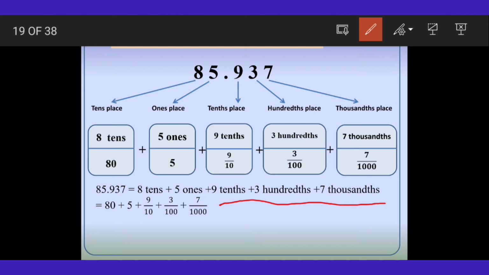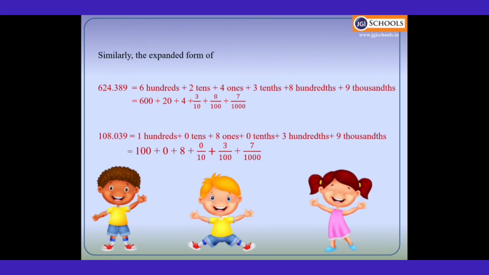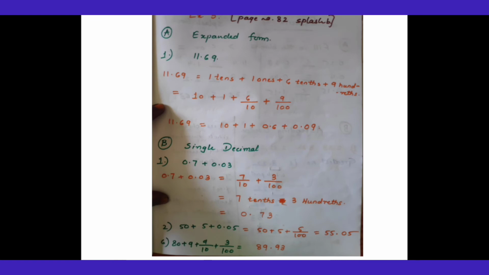Okay? And you have to express them in fraction form also and in decimal form also. It is the expanded form of a decimal. Okay. You can refer to similar examples for your further exercises.